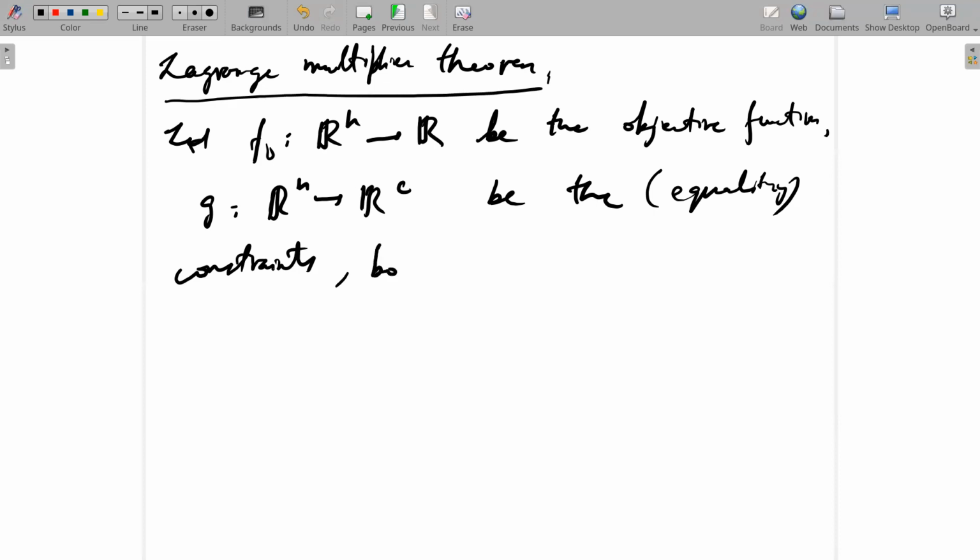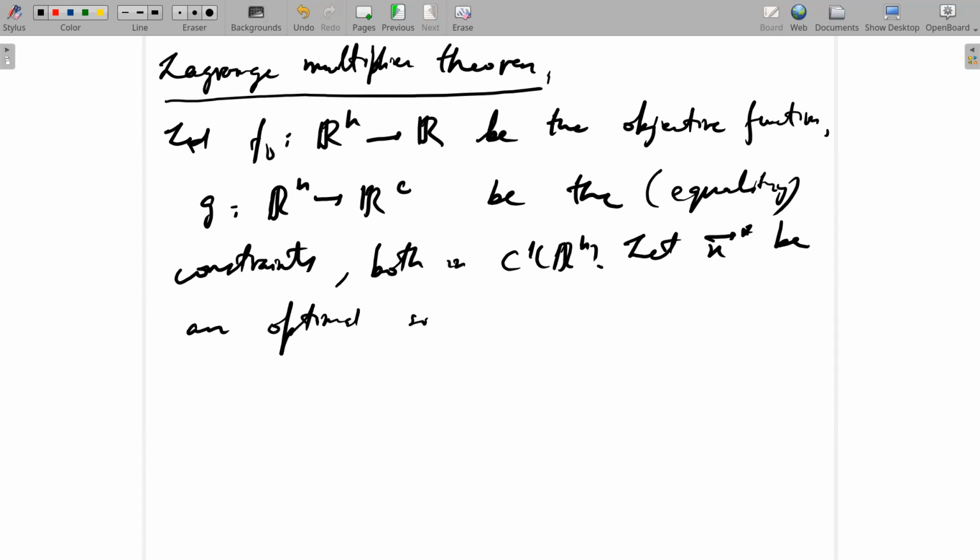So both in C1 of Rn. Now let x star be an optimal solution to the following optimization problem: minimize f naught of x subject to g of x is equal to the 0 vector.